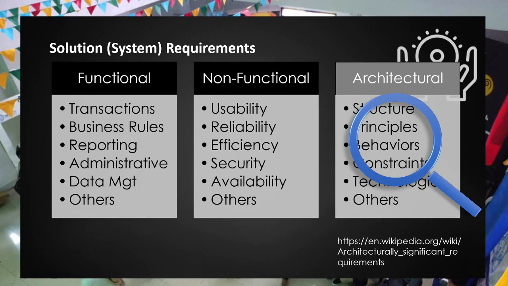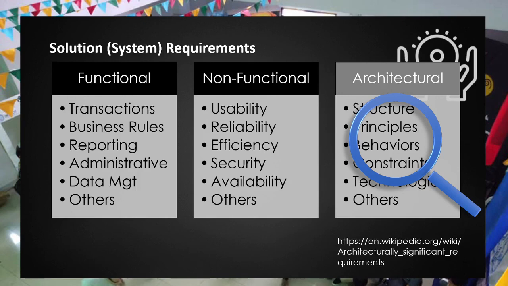However, recent empirical studies show that for a software system, not all non-functional requirements affect its architecture, and requirements that are not non-functional requirements can also affect its architecture. So, architecturally significant requirements is a valuable notion that is suggested to use when talking about requirements in relation to architecture.